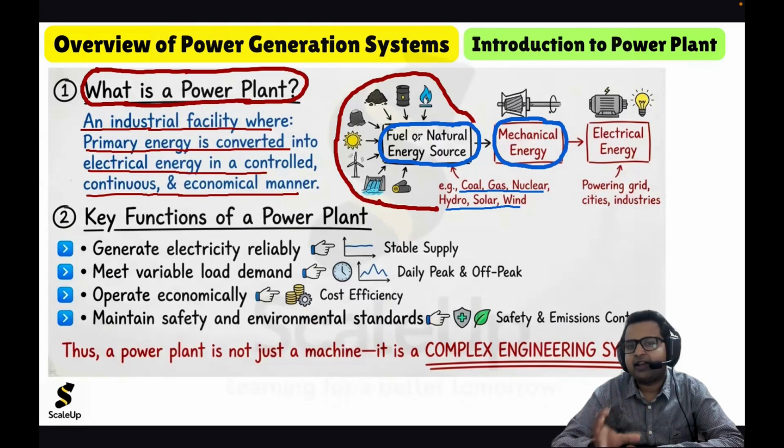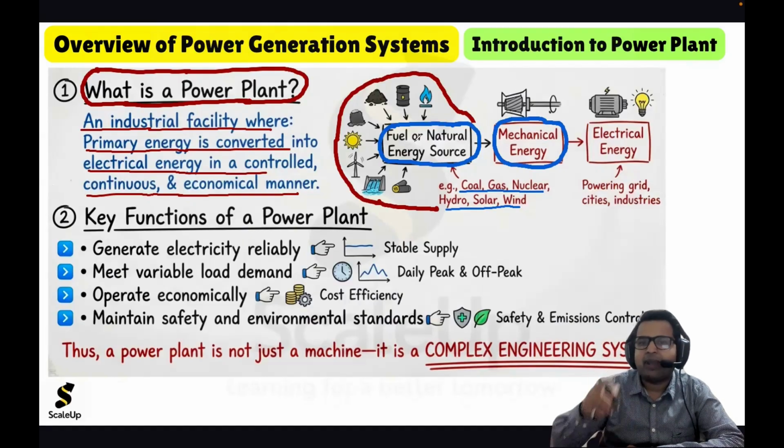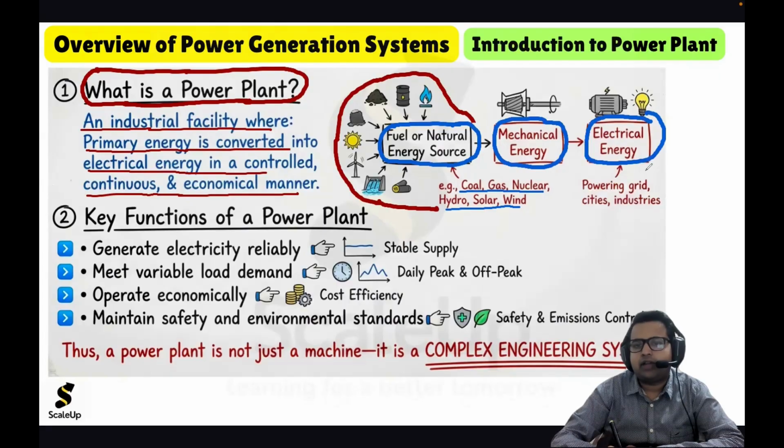That is the mechanical energy. And with rotating turbines, we know the concept of electromagnetic induction. Magnets rotate, so there is a change in magnetic field. It will induce a potential difference, like an electric field, and hence electrical energy will get created. And this electrical energy powers the grid, cities, and industries.